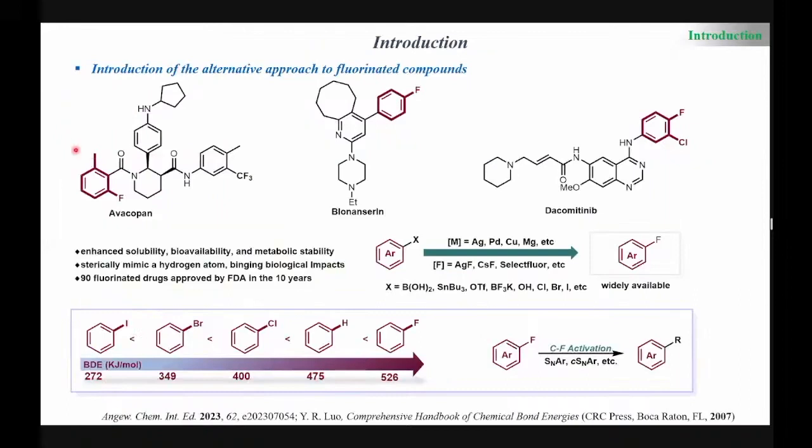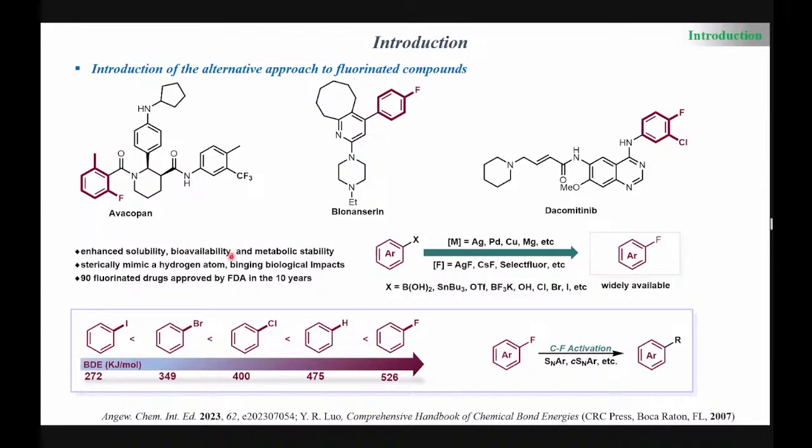This fluorine motif plays a crucial role in pharmaceuticals and agrochemicals, as it boosts the overall solubility and metabolic stability of the compound. It was reported that more than 90 fluorinated drugs have been released in the past 10 years. Driven by the importance of fluorine motifs in such areas, there's a growing demand for the development of unprecedented routes to access fluorinated molecules.